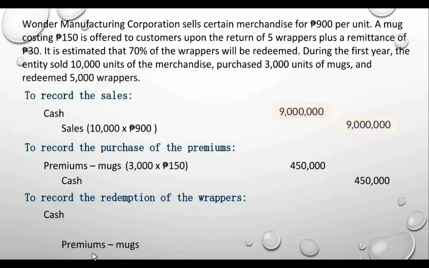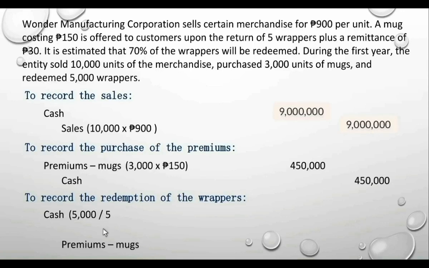The question is, how much must be the debit to cash? 5,000 wrappers of the merchandise were redeemed. To get 1 mug, 5 wrappers are needed. So, 5,000 divided by 5 equals 1,000 mugs distributed to the customers. For each mug, the company receives 30 pesos.